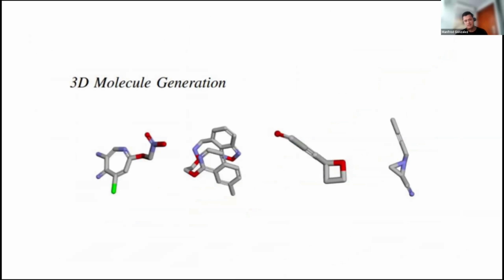One of the applications I noticed in the state of the art they have been using the most is the 3D molecule generation. They basically try to, based on some guidance, on some prior knowledge of some molecules, be able to generate new molecules out of the ones that they already had.